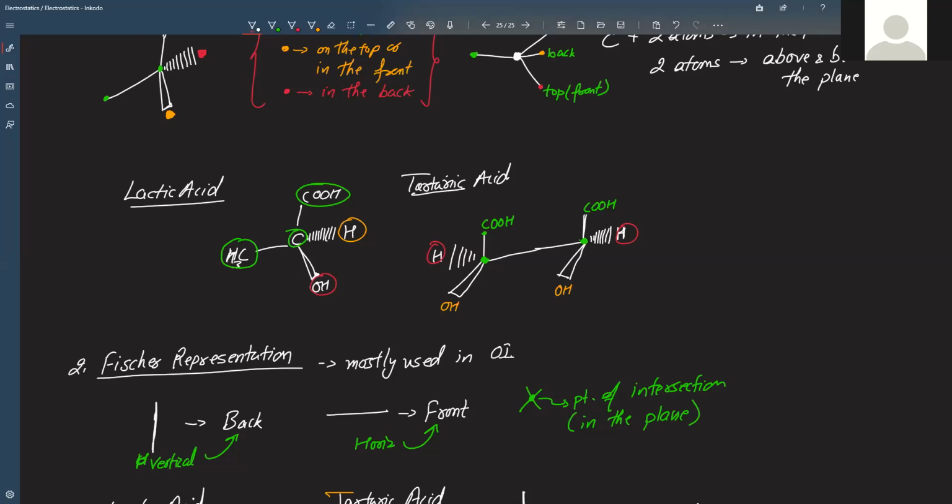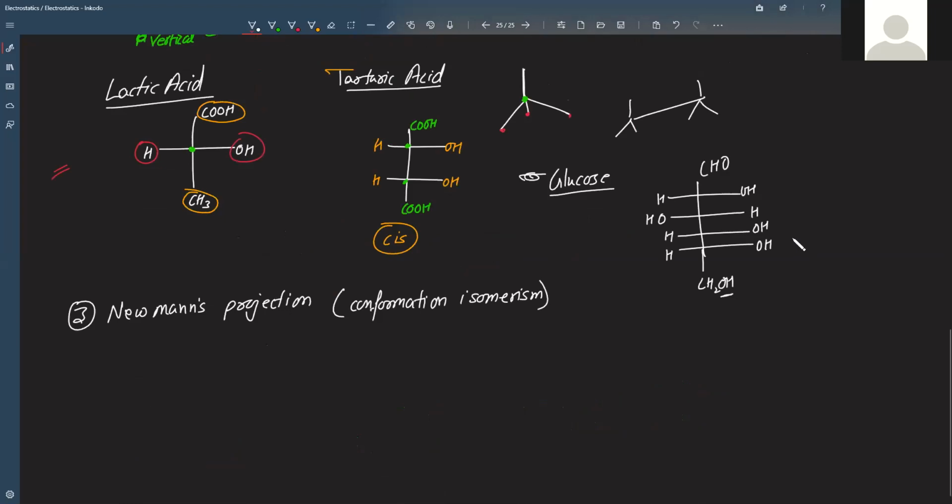So this can rotate and form a staggered form and an eclipsed form. Eclipsed means the back groups are being covered by the front groups.